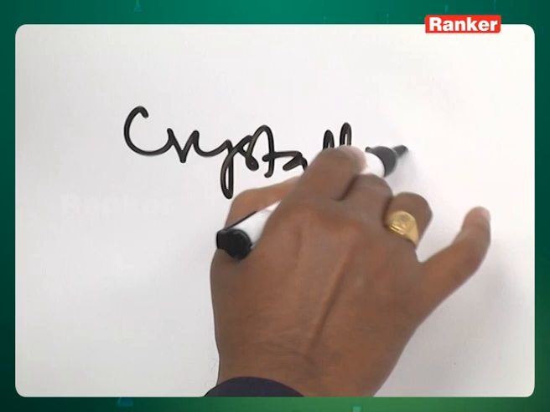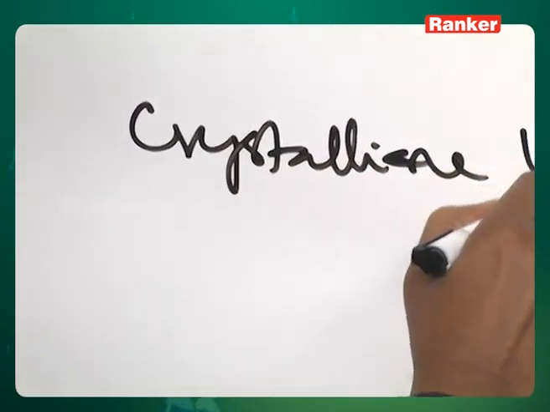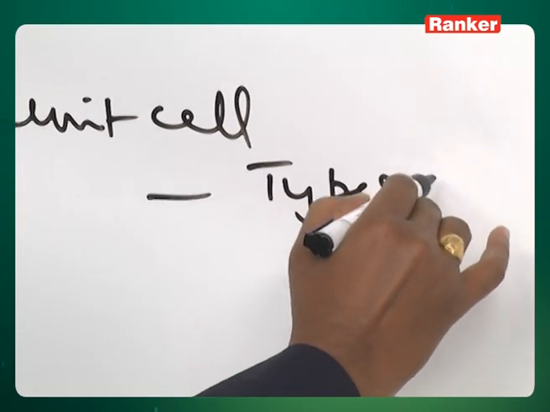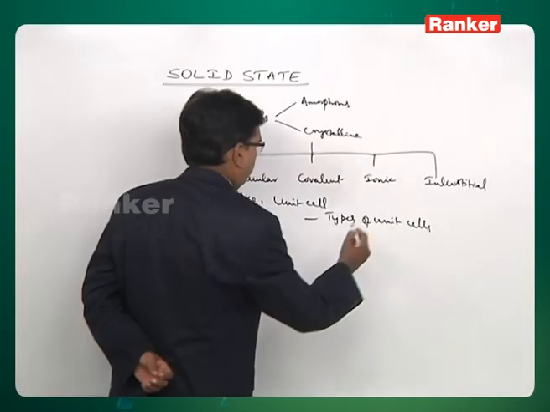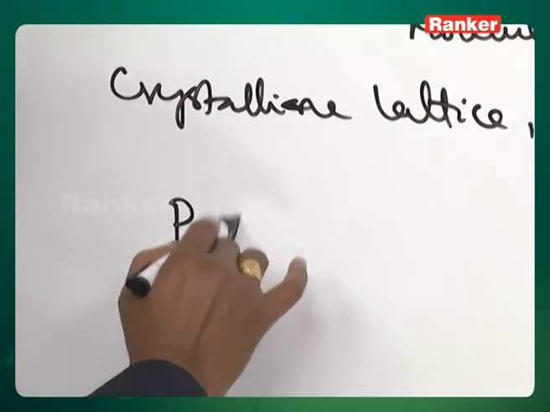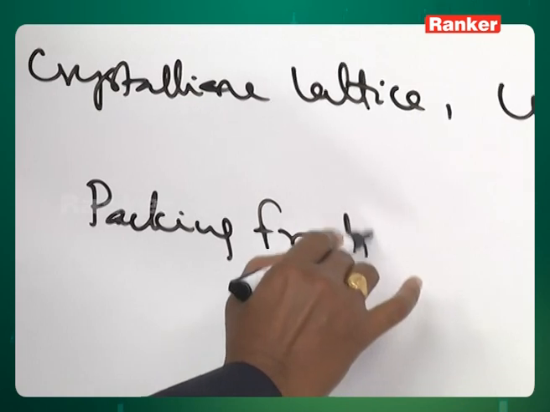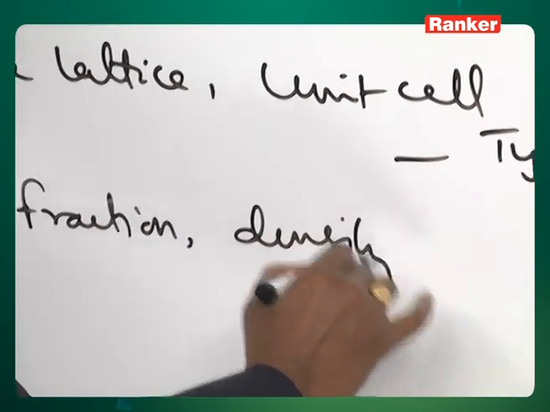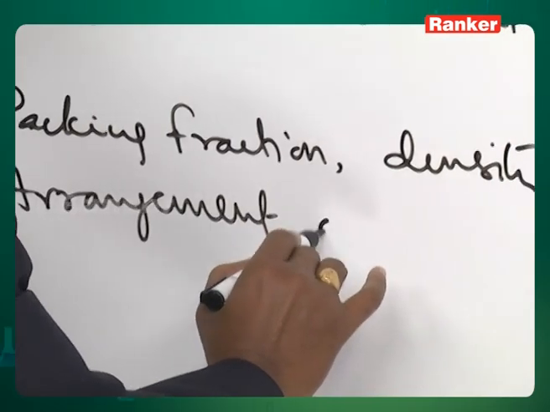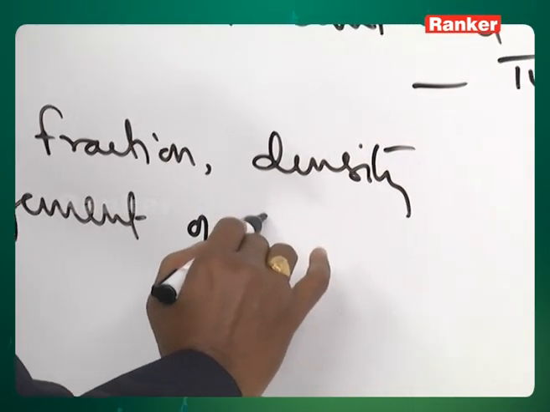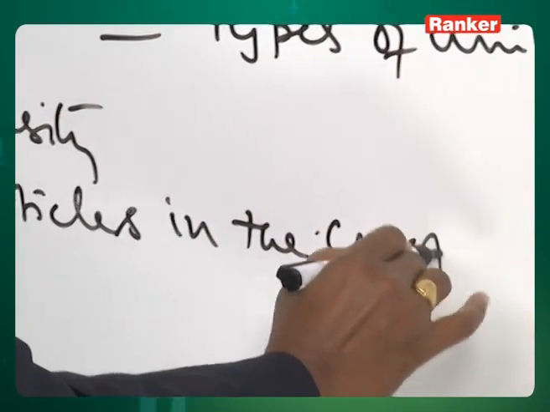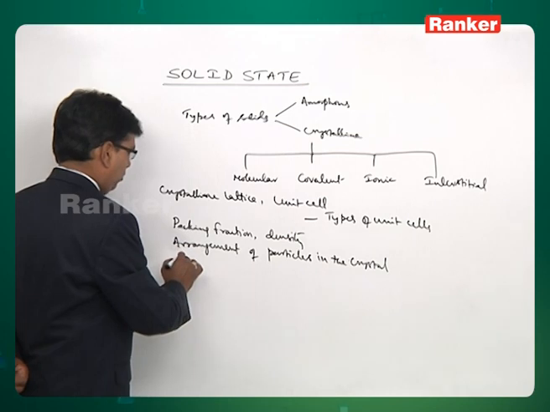The different terms we are going to discuss in this topic are crystalline lattice, unit cell, types of unit cells, and then the packing fraction, density of the crystal lattice, then arrangement of atoms or molecules or particles in the crystal lattice, then close packing.